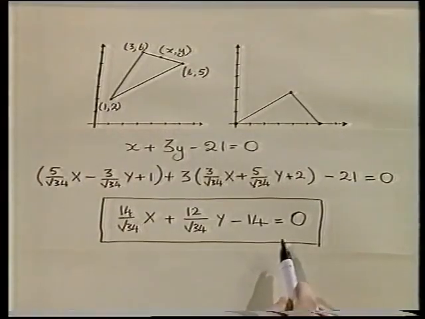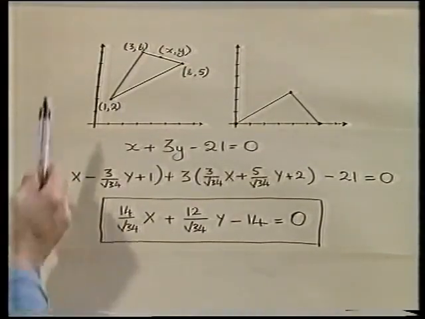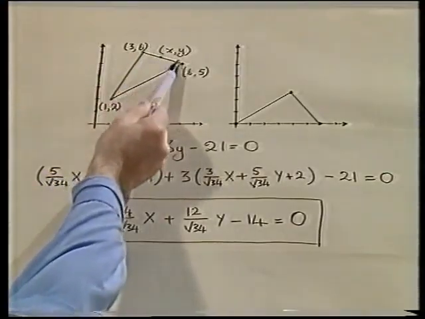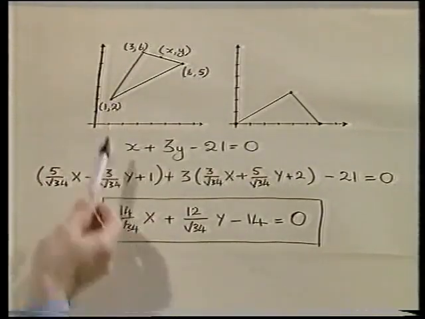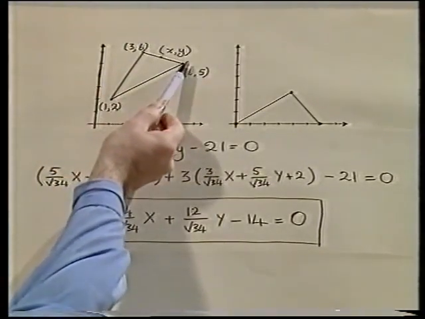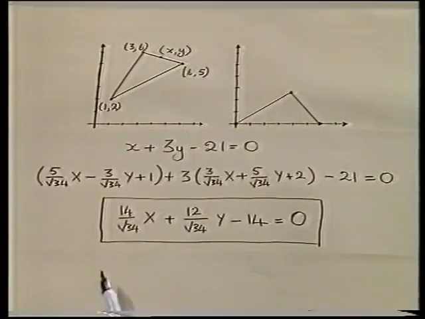So what have we shown? Well, we've shown that if we take the coordinates of any point on this line, they do indeed transform to a point whose coordinates, capital X and capital Y, satisfy the equation of a straight line. So all points on this line transform to points whose coordinates satisfy this straight line equation.